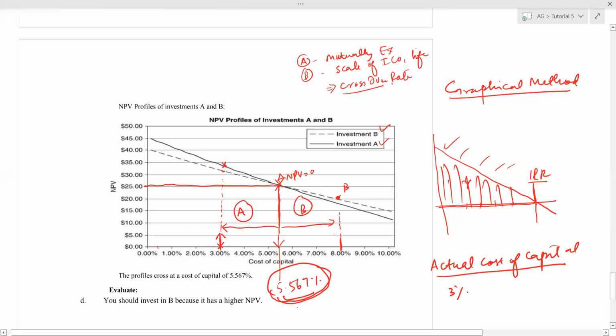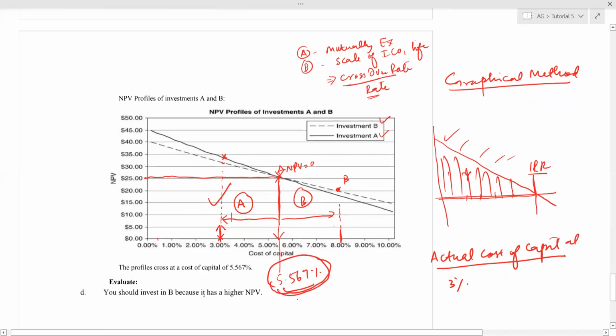With the help of the crossover rate, you fix a rate, and then you decide: if in the market the actual financing is 3%, or maybe the financing is 8%, then you decide which one to take, A or B. This is the basis of your decision.